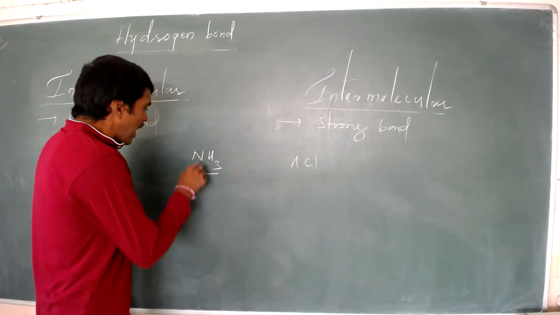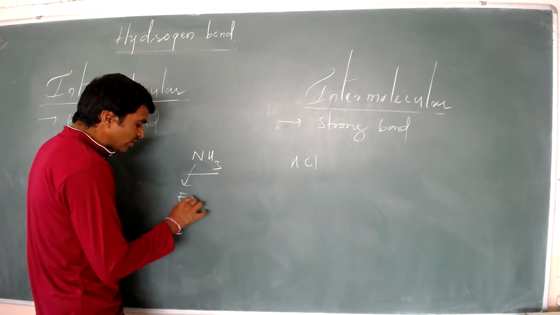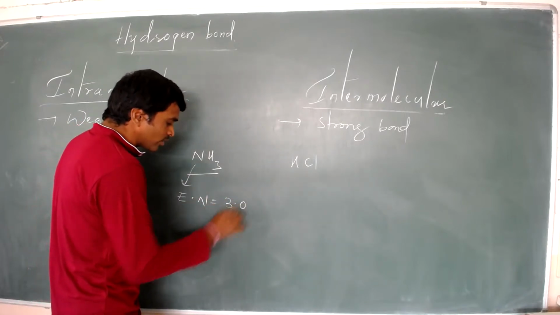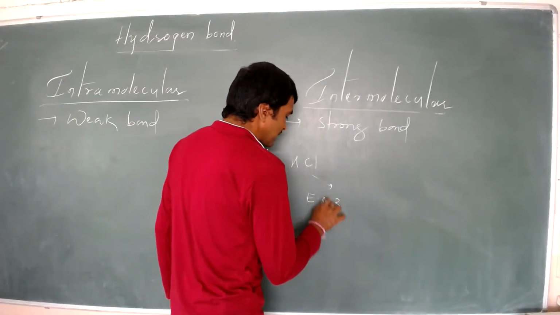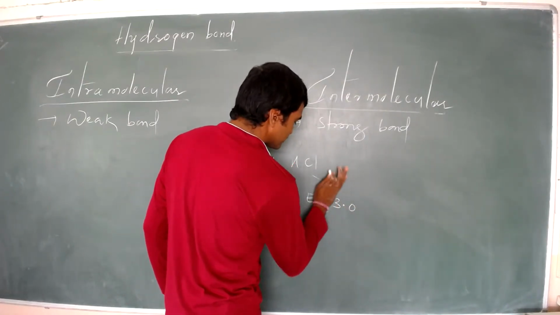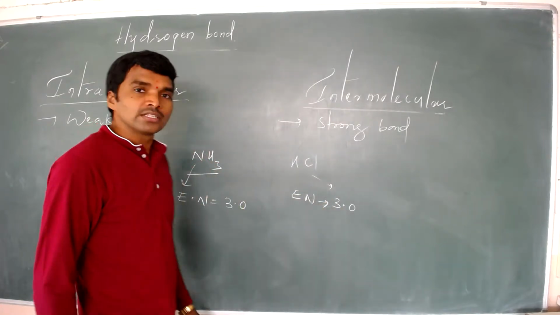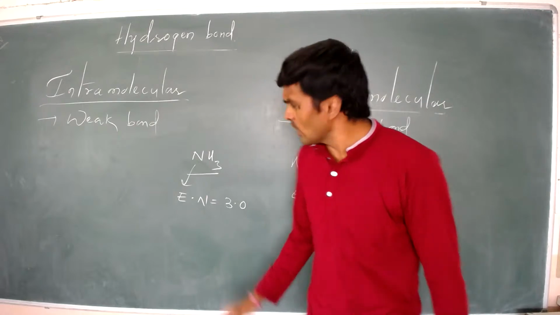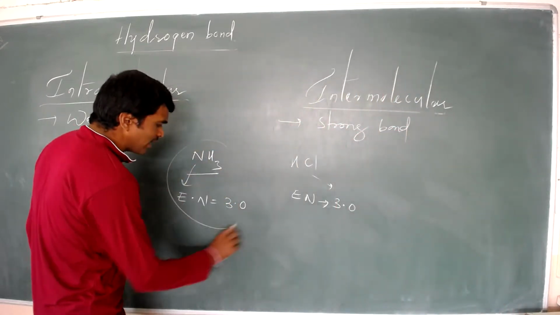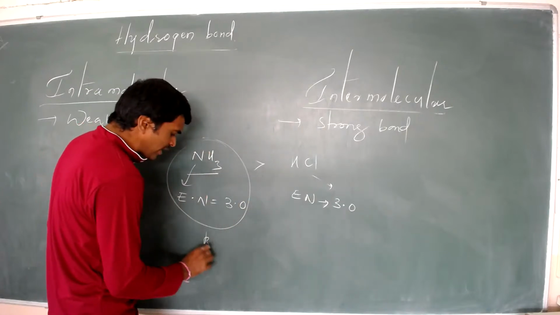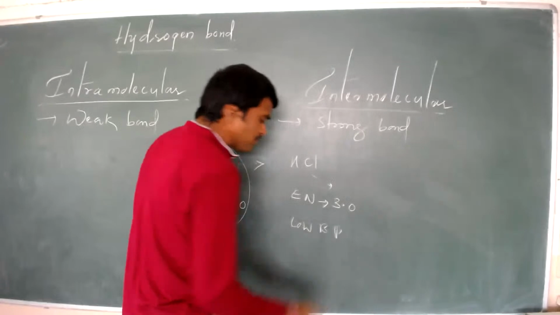Now see here, ammonia, nitrogen having the electronegativity equal to 3 only. Chlorine also has electronegativity 3 only. Both are having electronegativity 3. But you remember, ammonia molecule has the highest boiling point. HCl has the lowest boiling point.